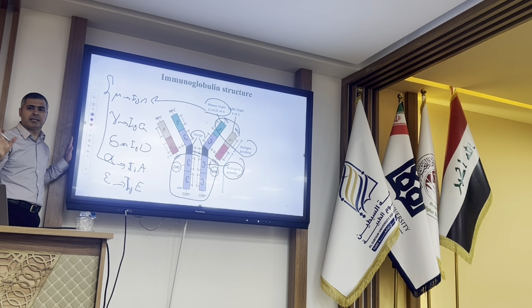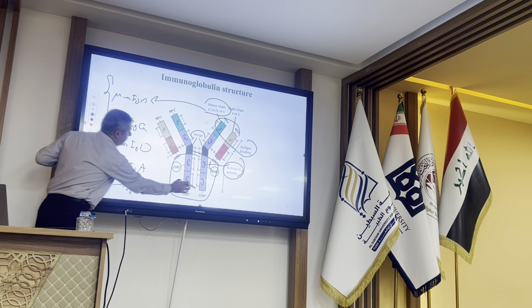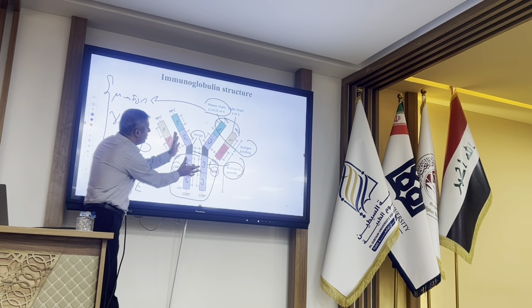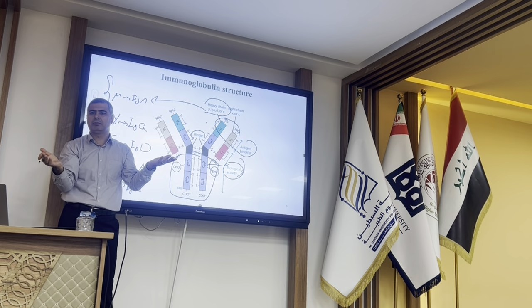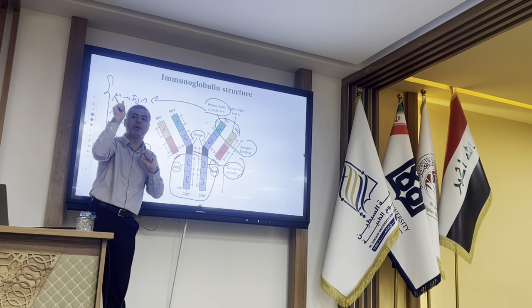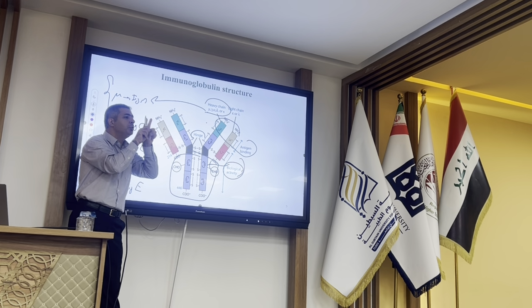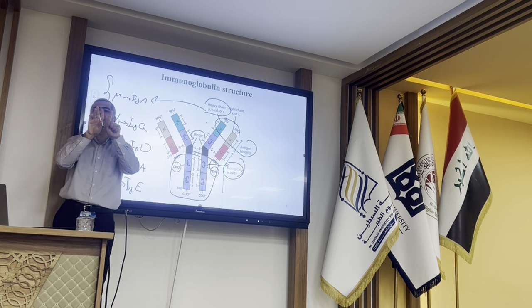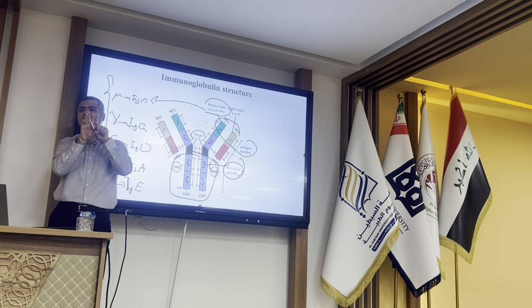So it means any antibody whose heavy chain is mu is called IgM. Any antibody whose heavy chains, both of them, not one of them, we do not have two different heavy chains bound to each other.